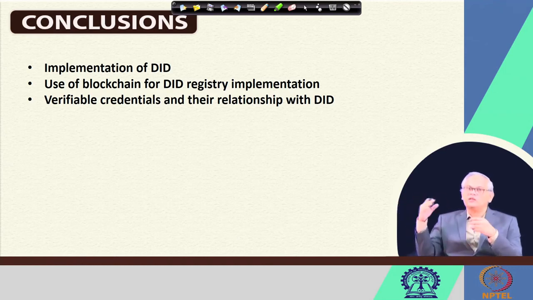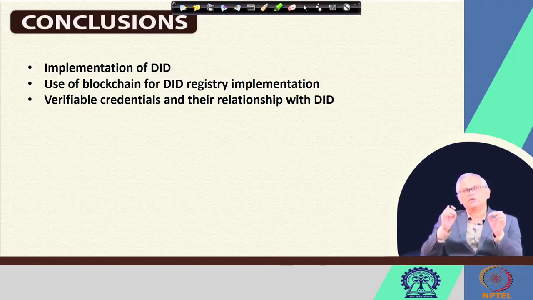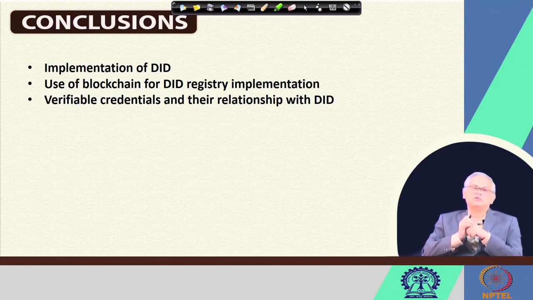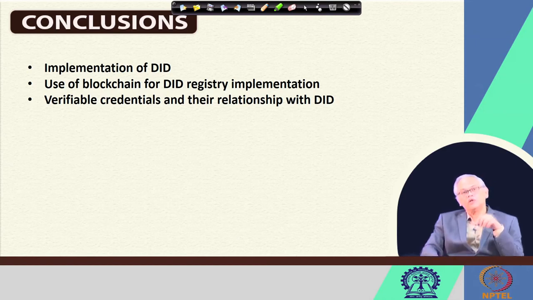We will also talk about how these VCs can be linked to the DIDs. It is important that we understand at this stage there is a need for linking DIDs with verifiable credentials, and in the next lecture we will conclude this discussion on identity management, with more details about the VCs and their linking with the DIDs.